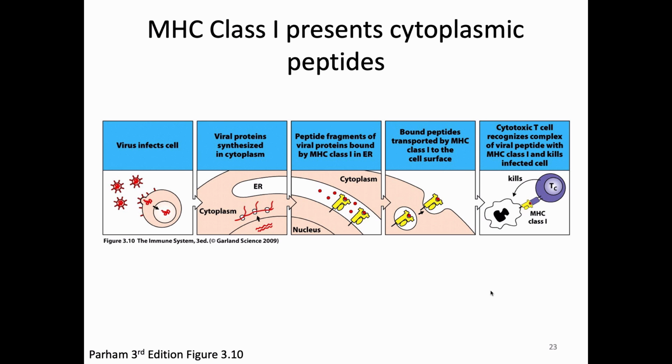Most commonly, those pathogen proteins are in the cytoplasm because they were made by some virus infecting the cell. Although any cytoplasmic pathogen protein can be there, usually when we talk virus, we think Class I. Usually there's a link there.